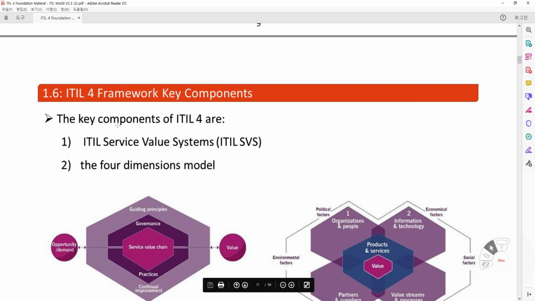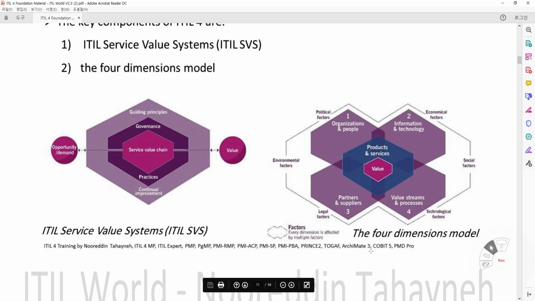Key concepts of ITIL 4 are the ITIL service value system, ITIL SVS, the four-dimension model, opportunity and demand, service value chain, governance, guiding principles, value, political factors, organizations and people, information and technology, partners and suppliers, value streams and processes, technology factors, social factors, economic factors, environmental factors.